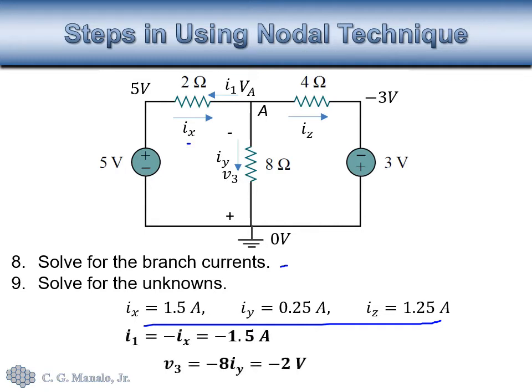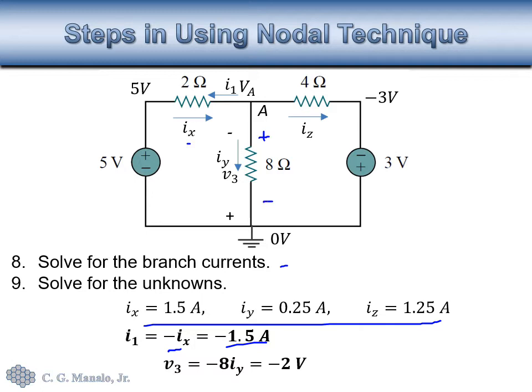And for the last step, we can now solve the required unknown. So I sub 1 is negative I sub x because I sub x is flowing in the opposite direction as I sub 1. So that should be negative I sub x. So we get I sub 1, negative 1.5, and V sub 3 is negative 8IY because the polarity based on the direction of I sub y should be plus here and negative there.